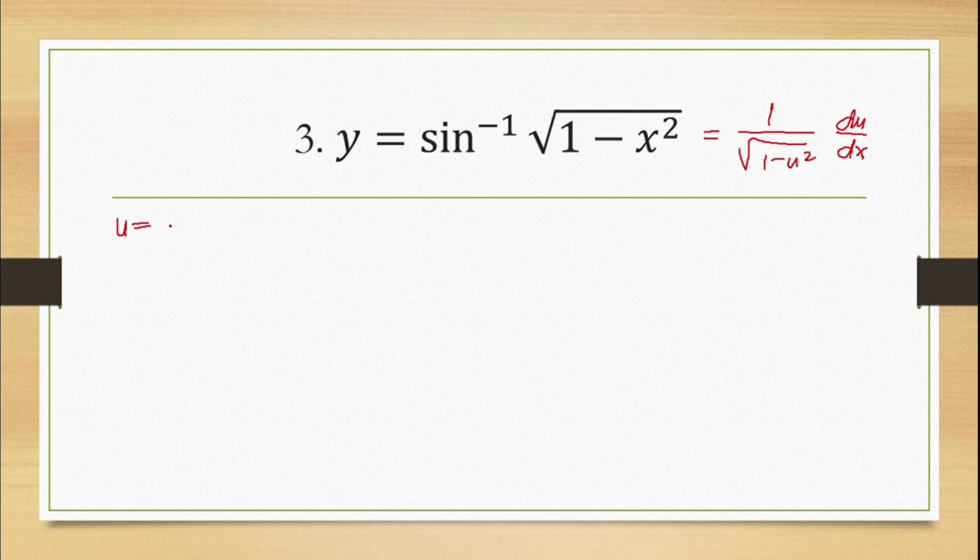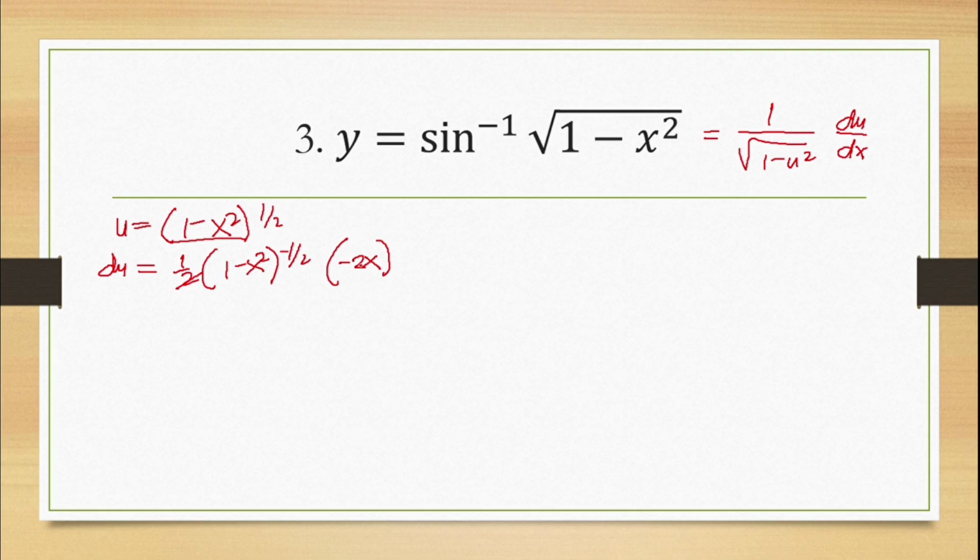So u is equal to 1 minus x squared raised to 1/2. We can rewrite it this way because this is an exponent. So du is equal to 1/2 times 1 minus x squared raised to negative 1/2, because you're going to subtract 1 from the exponent, times the derivative of the inside, which, based on the chain rule, is negative 2x.